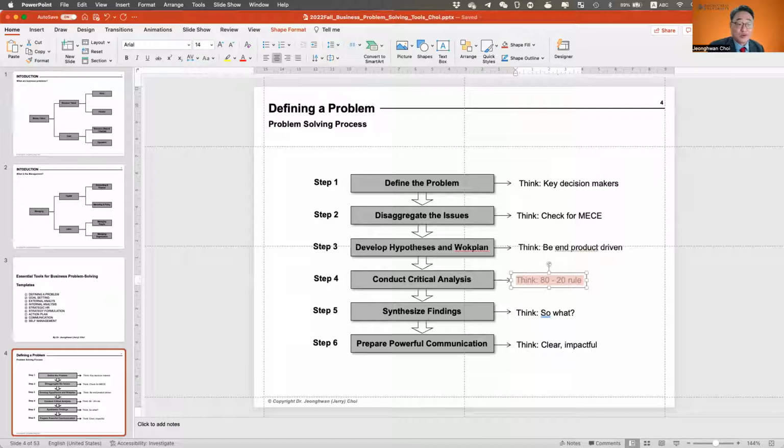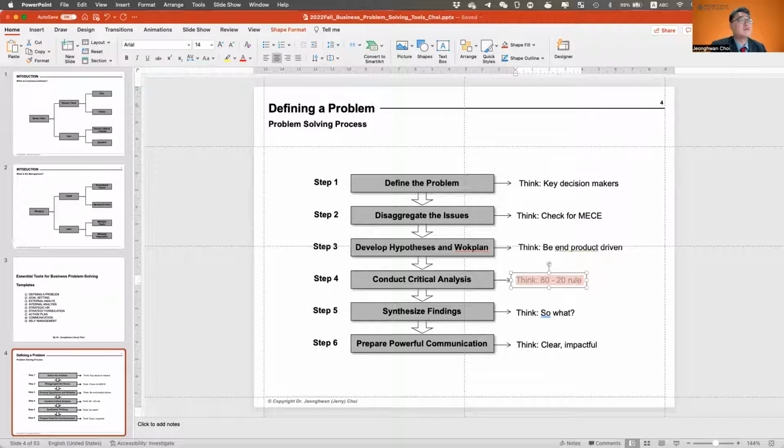Your boss or your client will give you a problem. Hey, business problem solver, please let me have a solution for this problem within a week. So you have one week and you must bring the best solution. Can you do every single analysis?